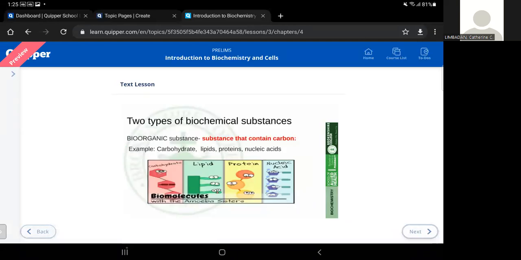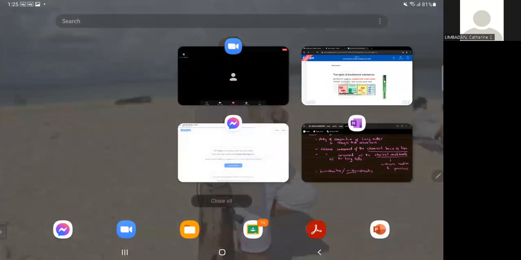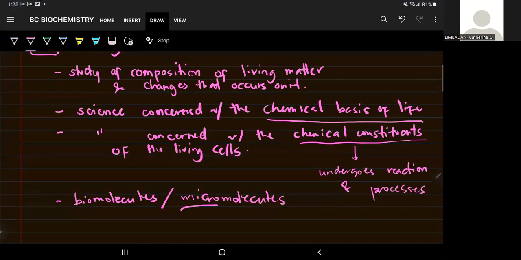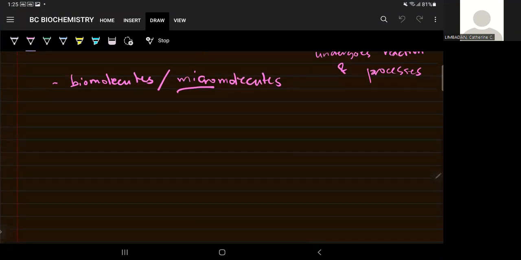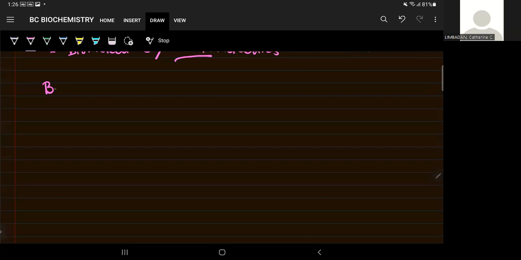Okay. So before moving on, since biochemistry talks about your biomolecules, the examples under bioorganic. First, the most common among all, we have your carbohydrates, di ba?